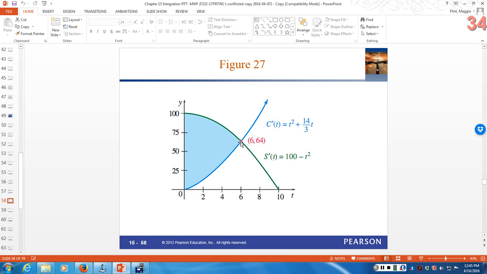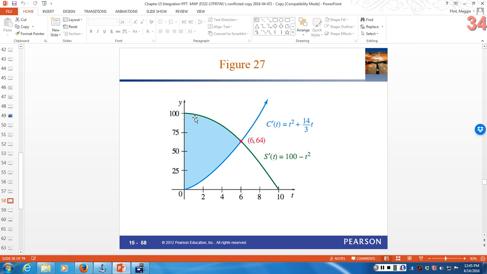You have savings, which is following this. You have cost, which is following this. What do you suppose that blue area represents? It actually is S minus C. But what is S minus C?